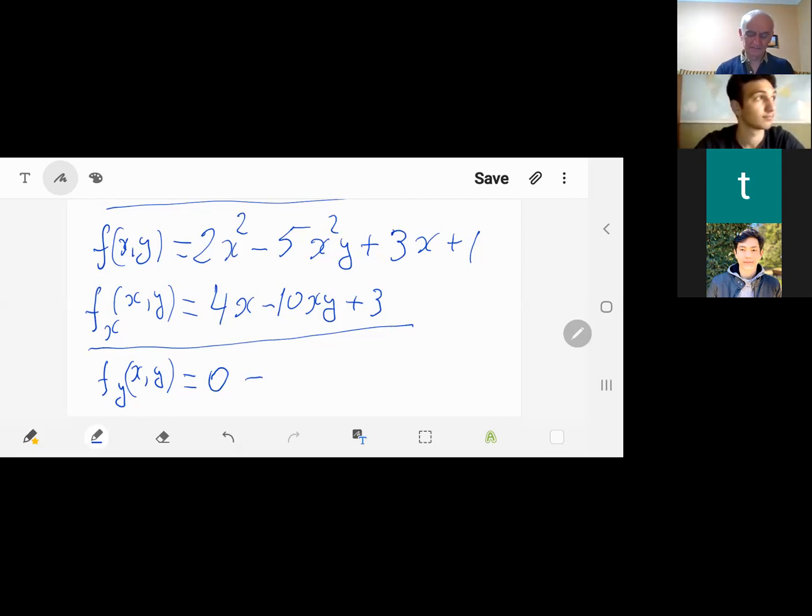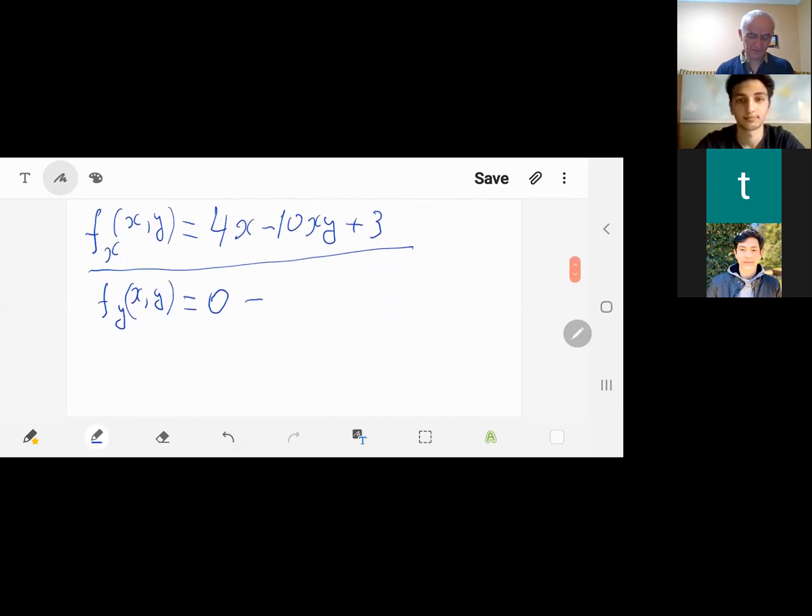Got it, Muhammad? Look, special for you. 5 times x squared y, the derivative: 5 times x squared we can move out of the derivative. Emmanuel, are you here? Yeah, I understand this. Really? Very good.